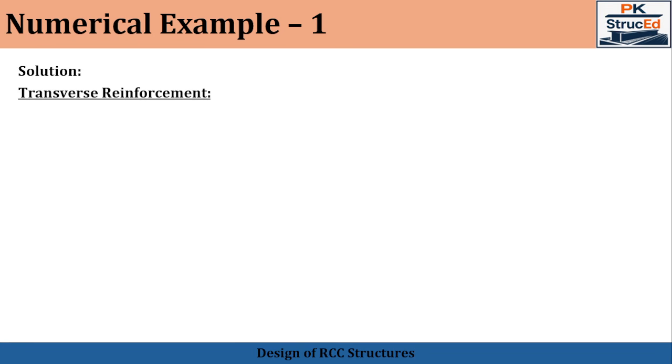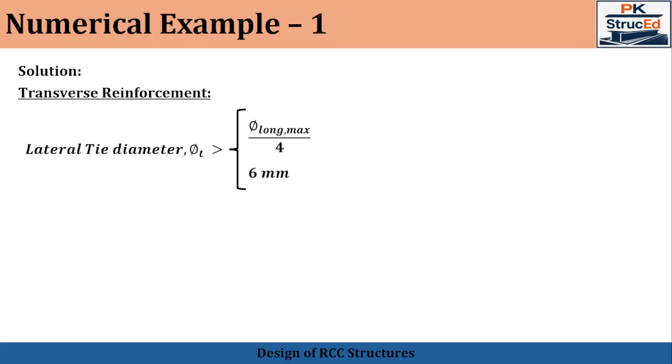That is, 4 numbers of 25 mm dia and 4 numbers of 20 mm dia bars as the longitudinal reinforcement. Now, moving on with the transverse reinforcement, we don't need any design for the lateral ties. Directly, we can provide the diameter and the spacing based on the IS code provision. As per the IS code, the lateral tie diameter should be the maximum of two values: one is 1/4 of the maximum longitudinal diameter, and the second is 6 mm.